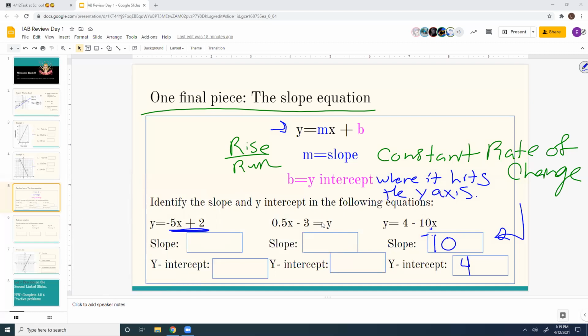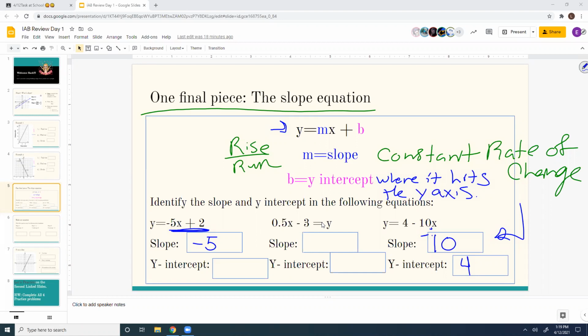What are we thinking, Avery? The number that's attached to the x. So what's our slope going to be for this first equation here? Negative 5. Haley B, do you agree or disagree?